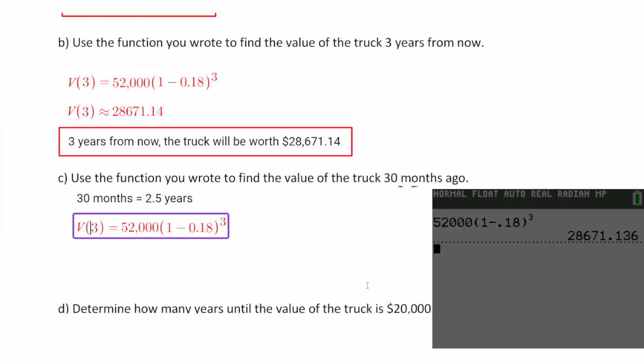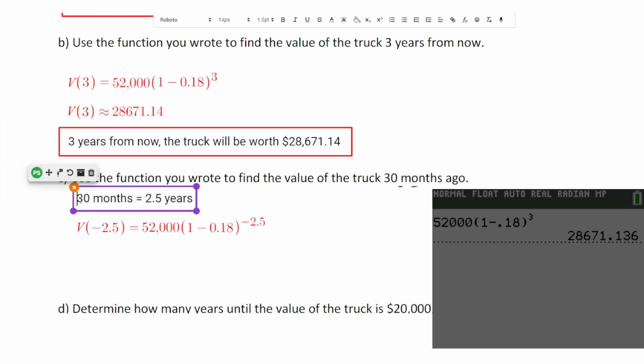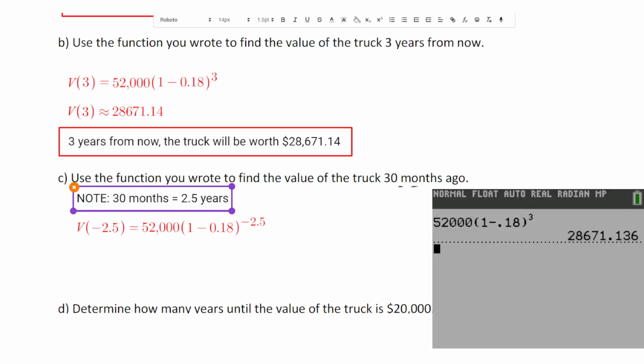So instead of plugging in 3, we're going to do negative 2.5. And let's go ahead and type that in. So we have 52,000, I guess I could just copy it from here. And the only thing I'm really changing is this 3 to negative 2.5.